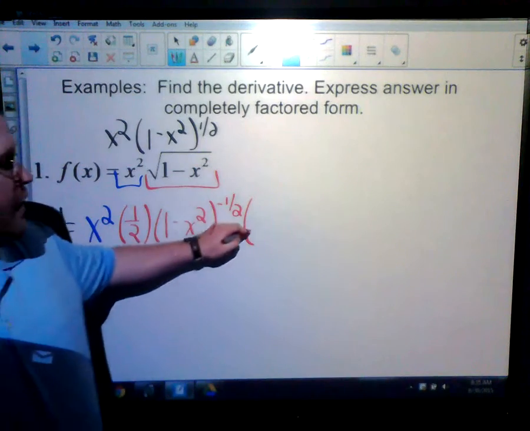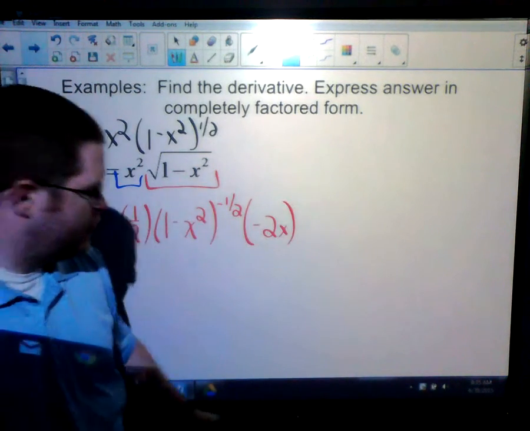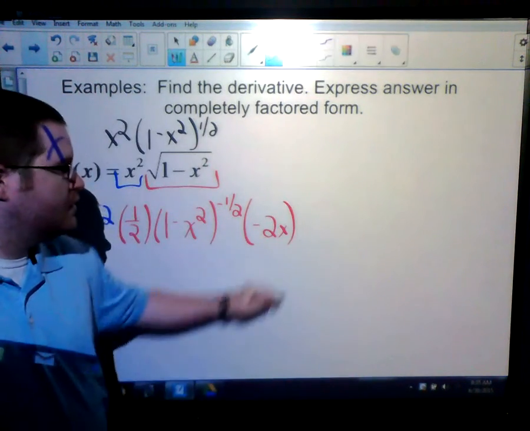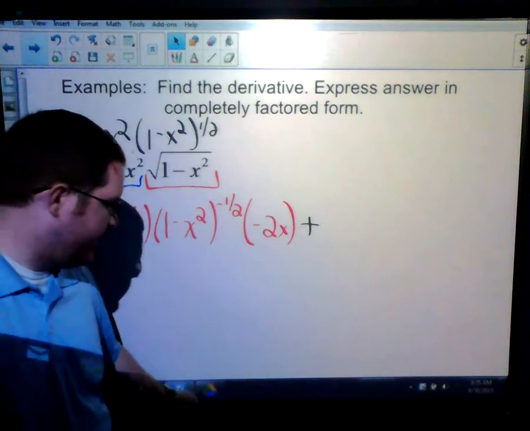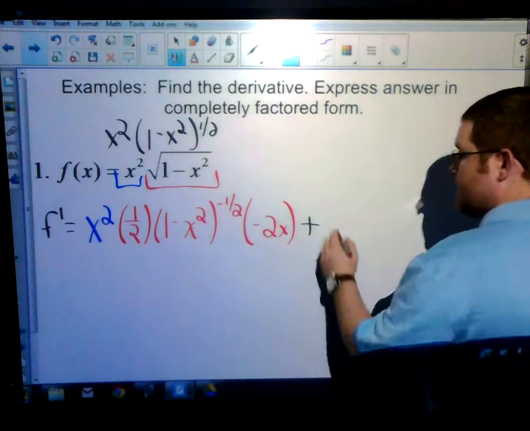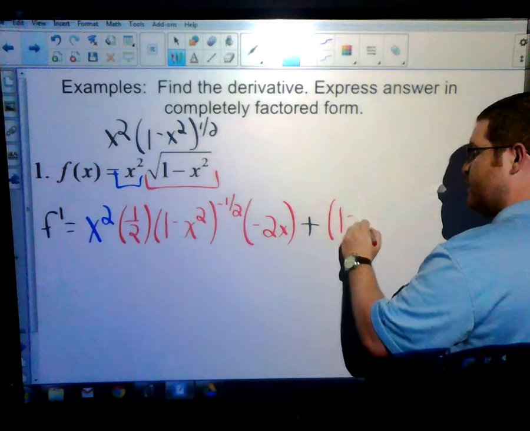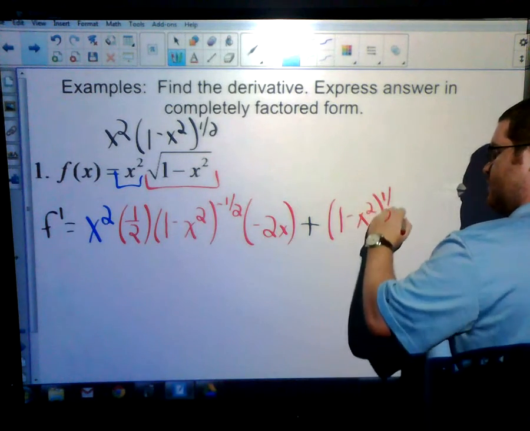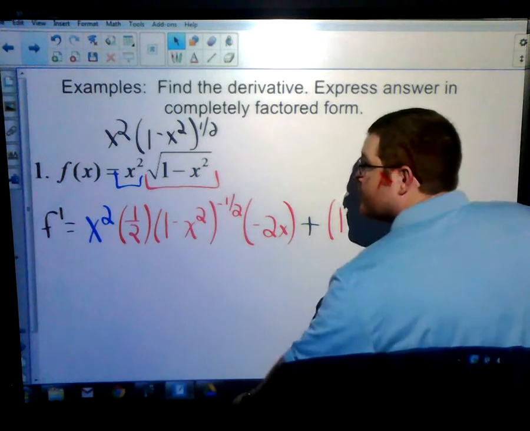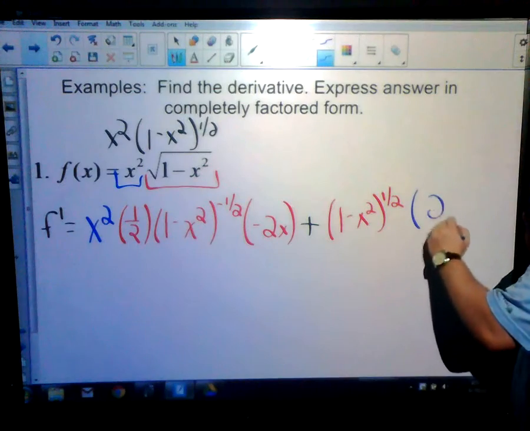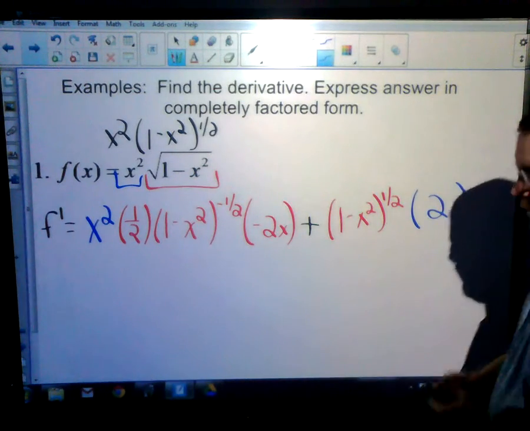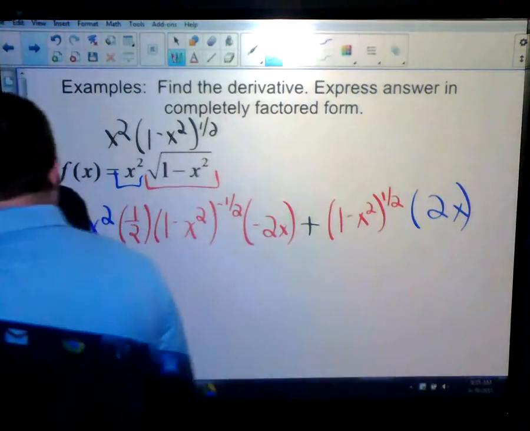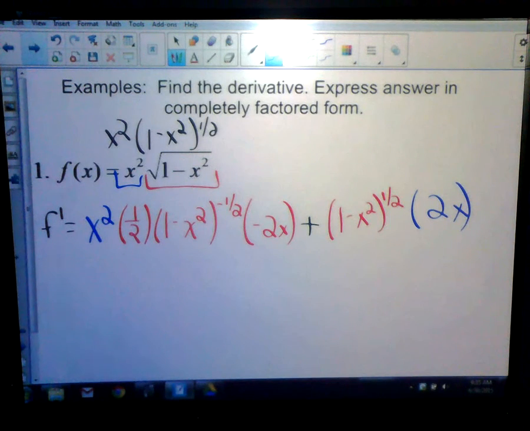It's negative 2x. Plus the second. No chain rule here, I just write the second one out, times the derivative of the first. The derivative of x squared is just 2x. That is the derivative. That's all the calculus there is.